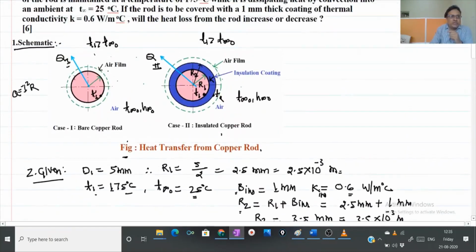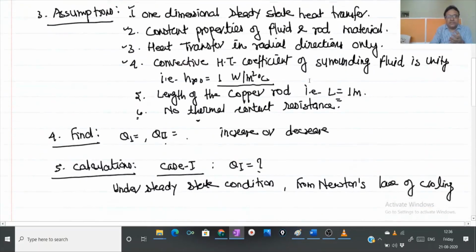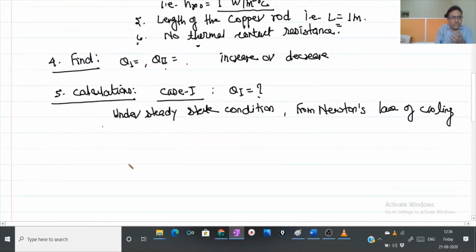In case 1, as you can see here, the copper rod is directly exposed to the environment and heat transfer is taking place by convection, and it is one-dimensional convection. So in order to calculate this rate of heat transfer from the copper rod to the surrounding fluid, I can recall Newton's law of cooling.